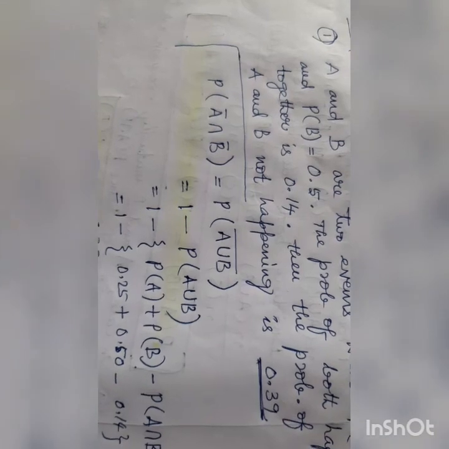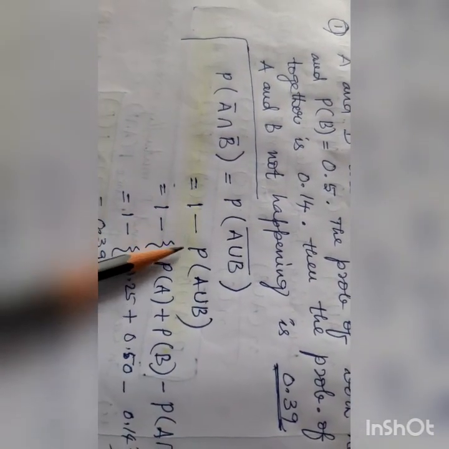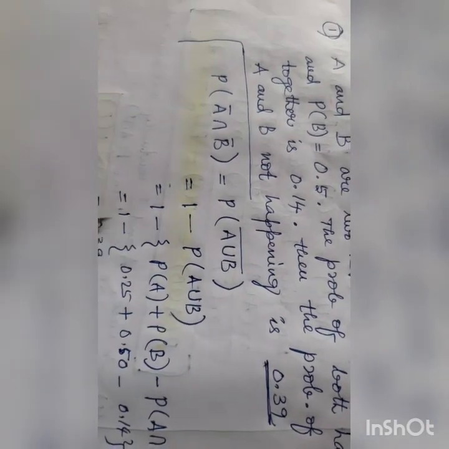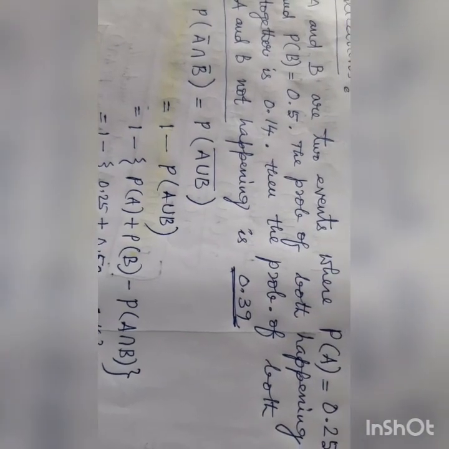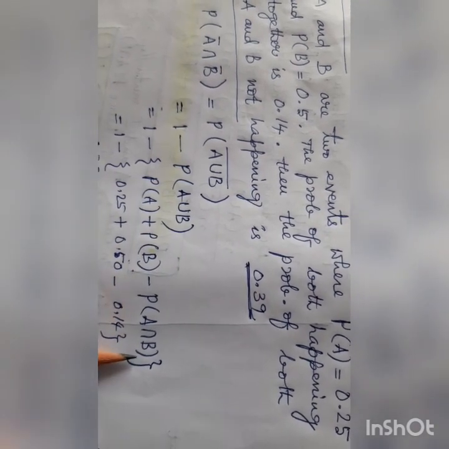That is 1 minus P of A union B. You know very well, by the addition theorem, that is 1 minus P of A plus P of B minus P of A intersection B, with P of A 0.25 and P of B 0.50.